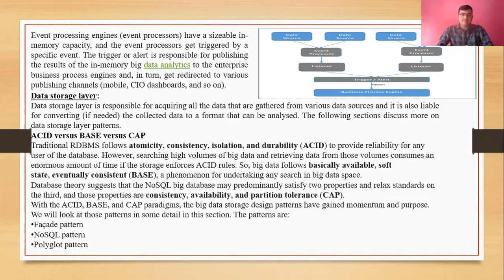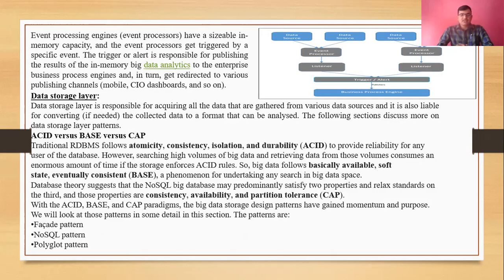The patterns are façade patterns, NoSQL patterns, and polyglot patterns. So the three sets of properties are ACID: atomicity, consistency, isolation, and durability; BASE: basically available, soft state, eventually consistent; and CAP: consistency, availability, and partition tolerance.